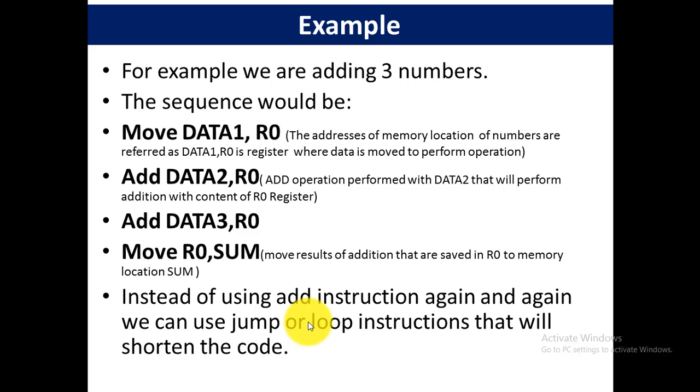The sequence would be: move data 1, R0. R0 is the register 0, while data 1 and data 2 are the values of A and B. For example, A is equal to 10 and B is equal to 20, so 10 is data 1 and 20 is data 2.